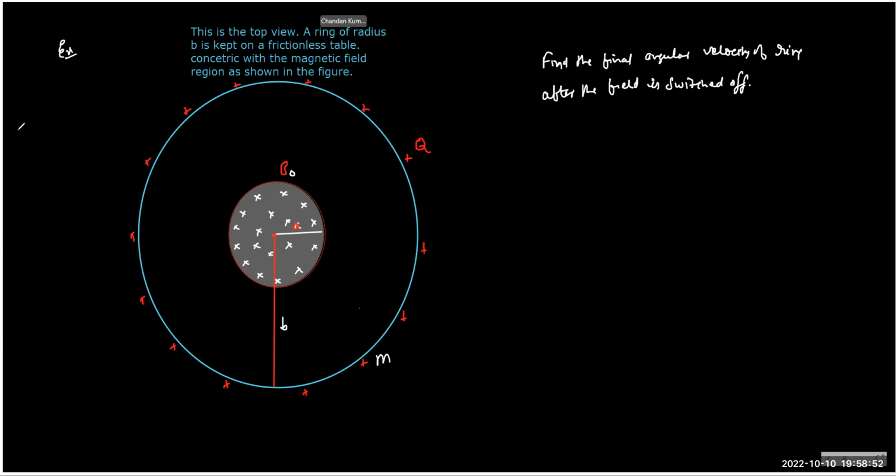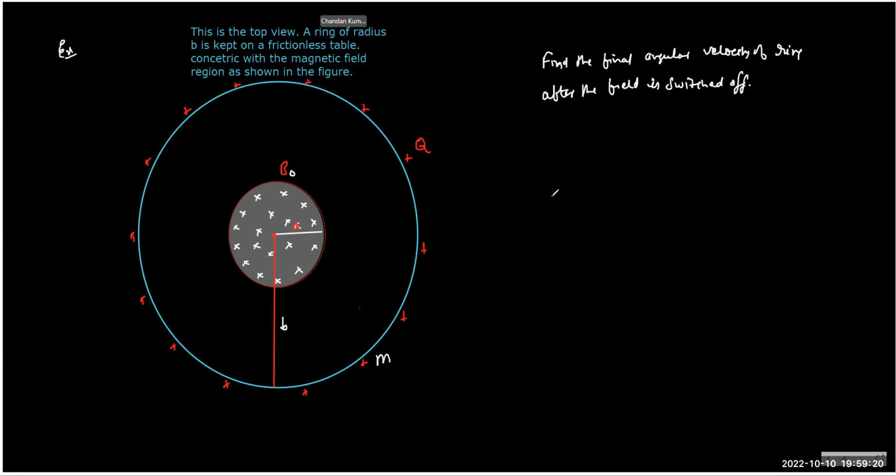Sir, you got the answer? Sir, I'm getting Q R square B naught by 2 M R square. The R should not come, no? Sir, the angular velocity. So we have A and B as ready, guys.